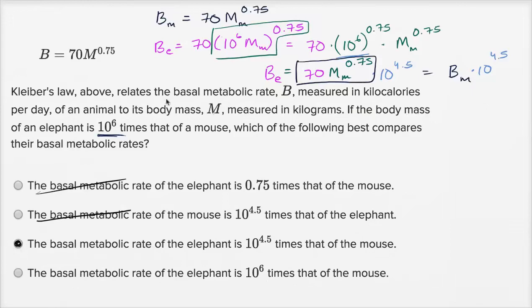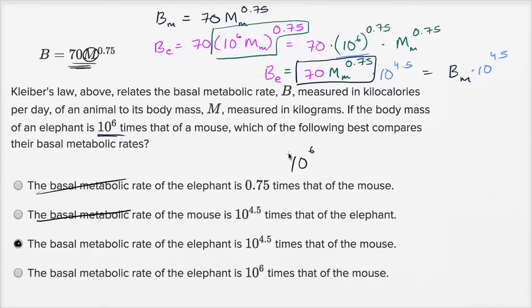Now, another way you could have tackled this is you could have just looked at this and said, okay, if I increase M by a factor of 10 to the sixth, I'm going to increase B not by a factor of 10 to the sixth, but by a factor of 10 to the sixth to the 0.75.